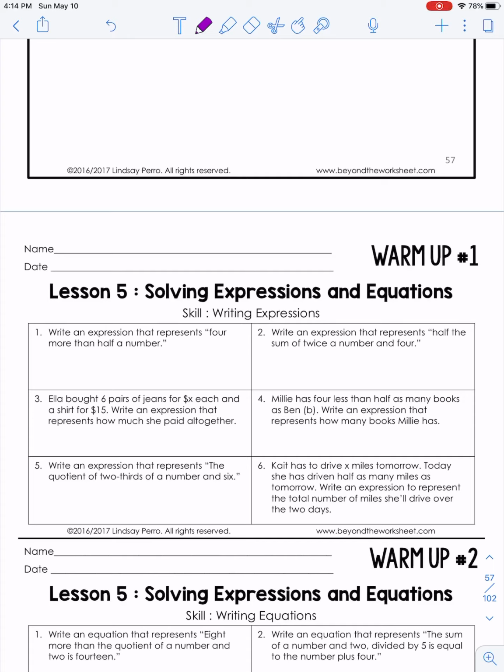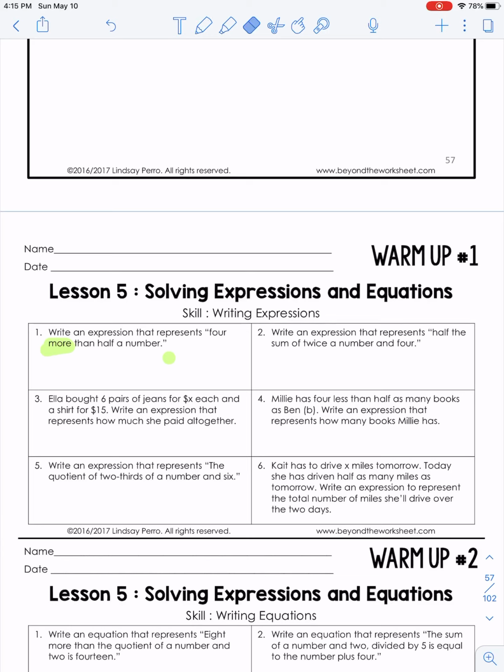So if we look at the first one, it says write an expression that represents 4 more than half of a number. So the 4 more, if we look back at our notes, means to add. So that's going to come after than half of a number. So half of a number could be written in a couple of different ways.